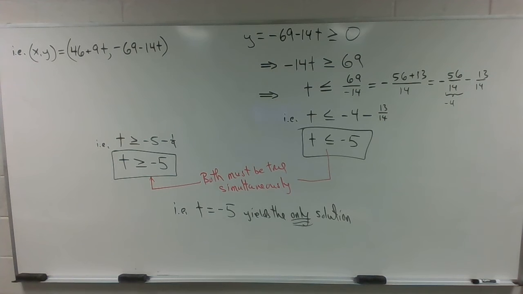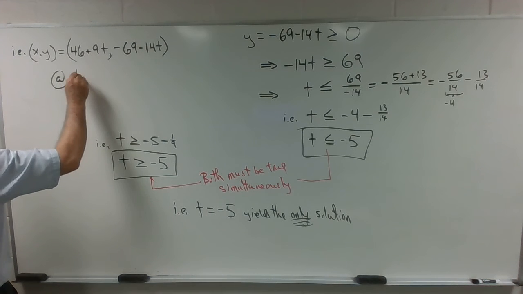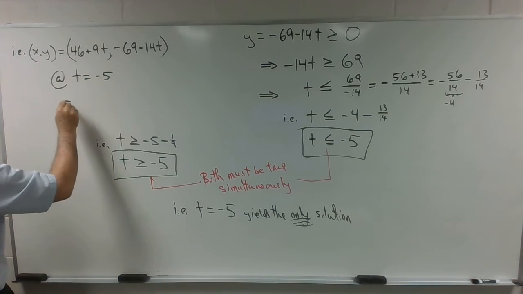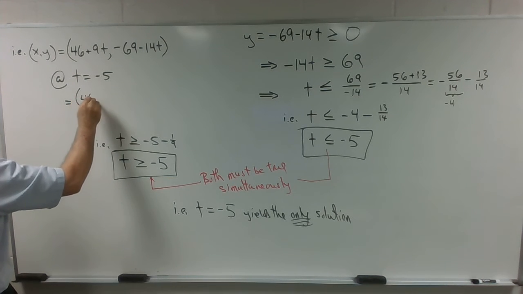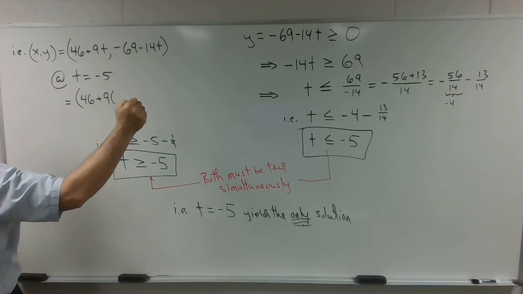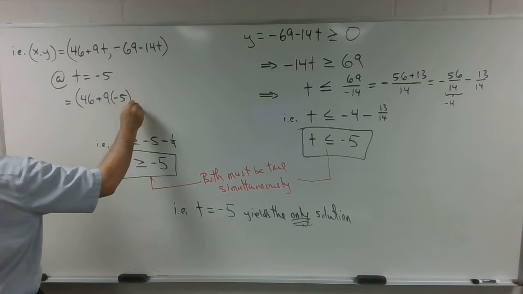Let's see. Yeah. T equals negative 5. 46 plus 9 times negative 5.